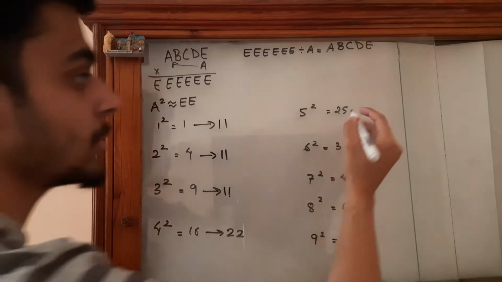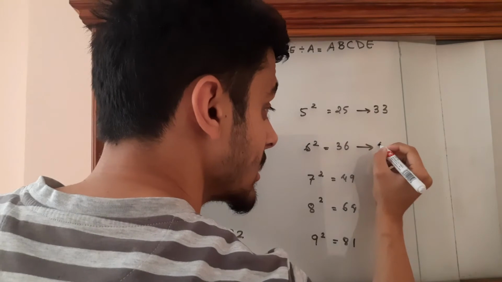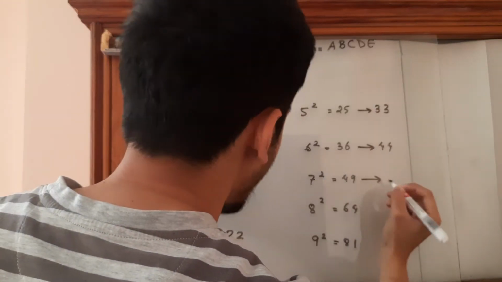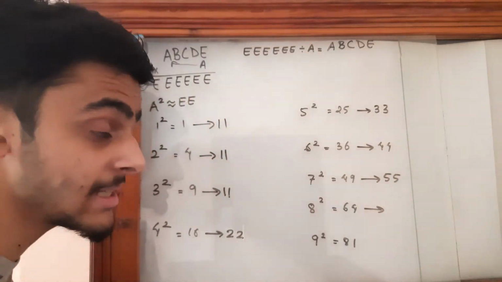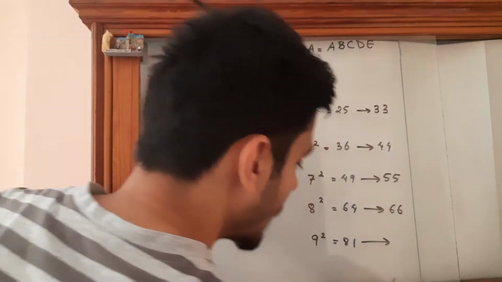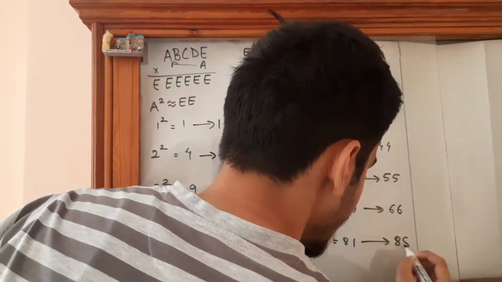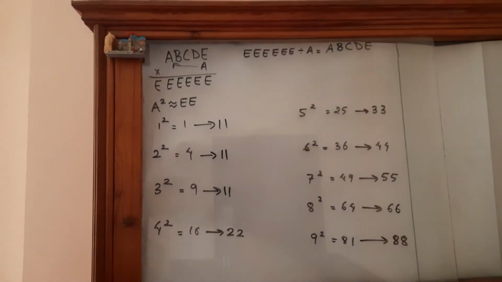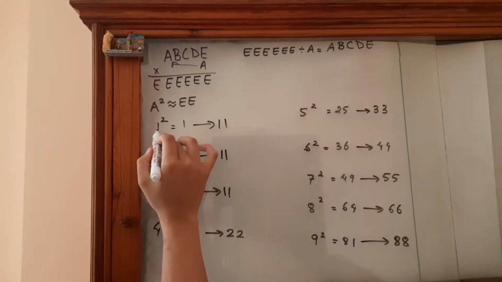For 25, it is 33. For 36, it is 44. For 49, it is 55. For 64, it is 66, not 77, not that pattern. For 81, it is 88. So 77 is missing, but that's not a big problem. So this is supposed to be A.